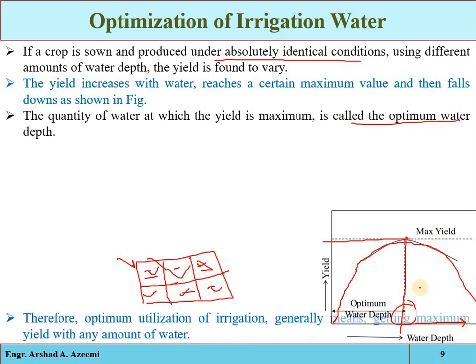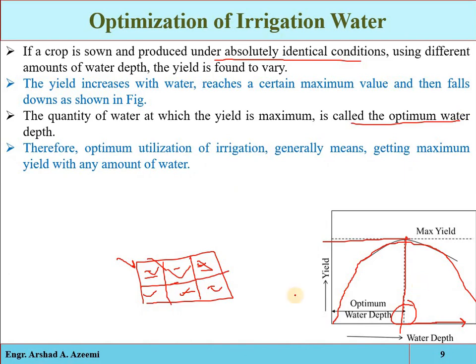water depth. Therefore, for the optimum utilization of irrigation, now see, this optimum water depth, this single moisture content cannot be provided throughout the season.